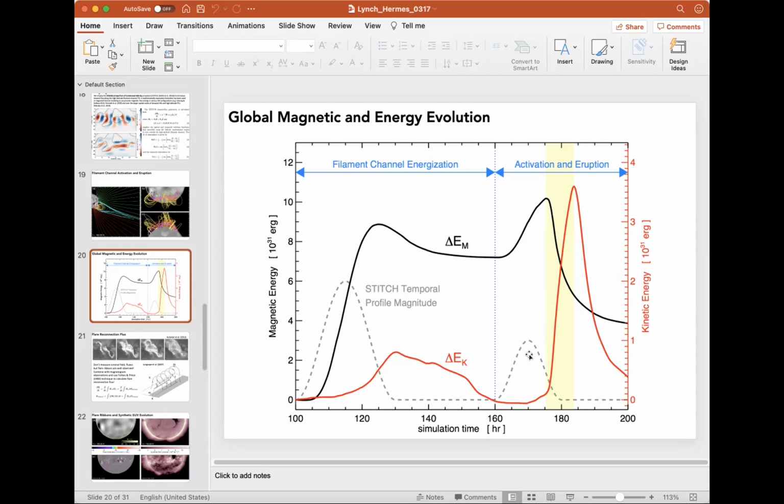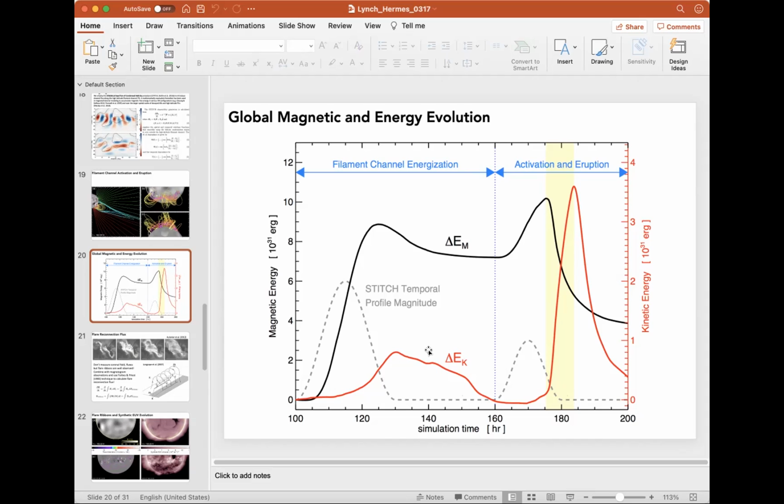But from earlier modeling work by Judy Carpin and others, if you turn off the shearing before you've reached this threshold, things do tend to die down. And so we wanted to make sure that we weren't directly driving the eruption with the boundary conditions, and we're pretty convinced that that's true.